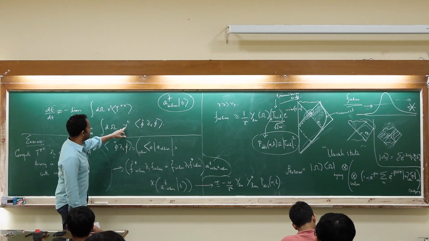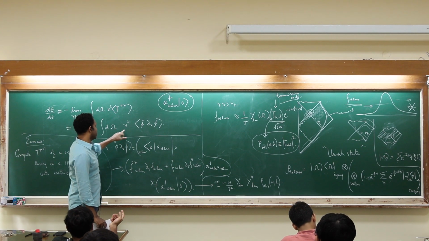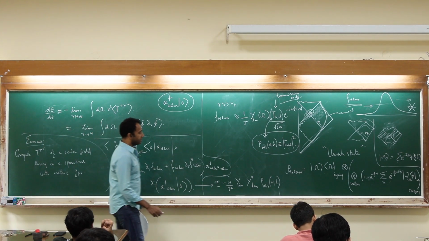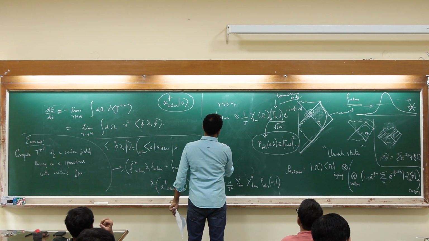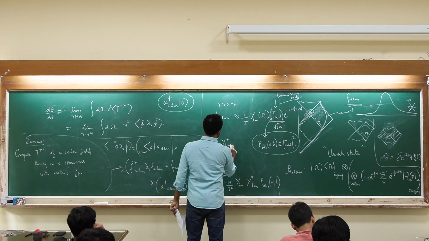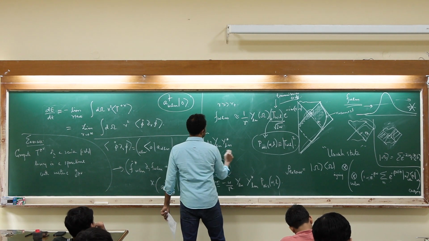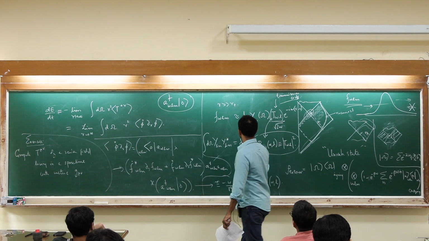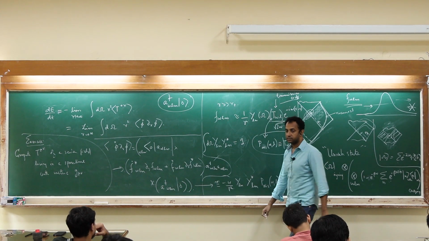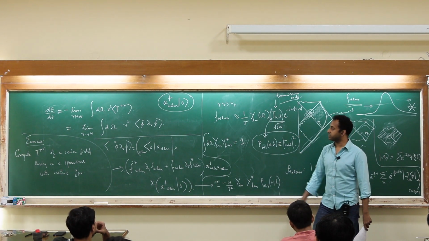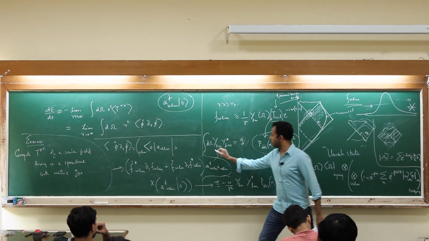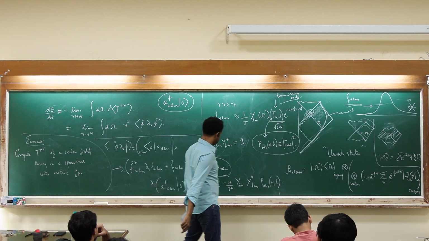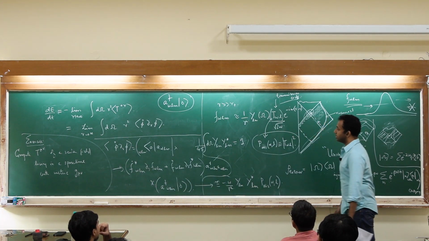Then you integrate over d omega, and if you integrate Y lm Y star lm over d omega, you will find delta l l prime, and because L and L are the same, you will basically just get 1. I think there's a 1 by 4 pi sitting here, I think.